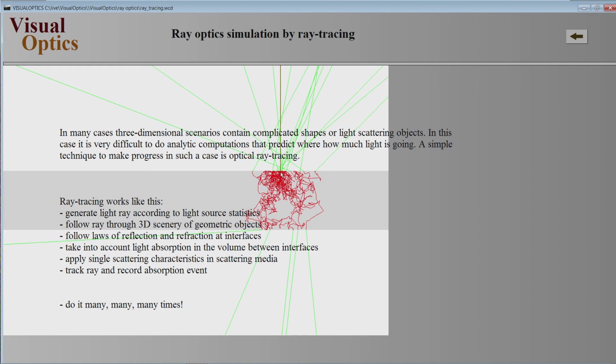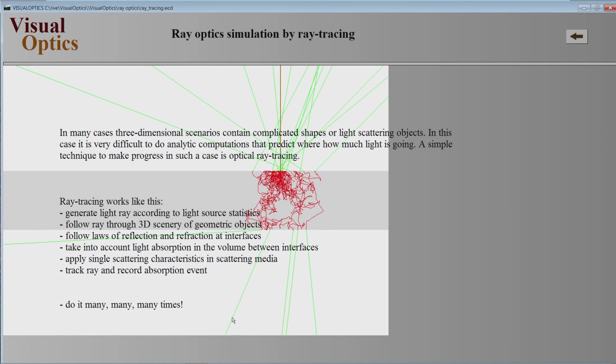If you do that many times, you can follow a light ray traveling through this scattering material, and you can record where it comes out and which direction it will then have. And if you do that many thousand times with a ray tracing software, you can predict where all the radiation is going, where how much light is absorbed, and where the light is going in far distances.